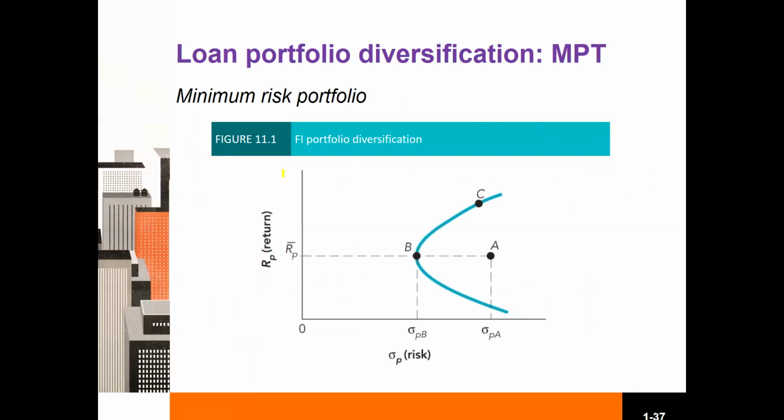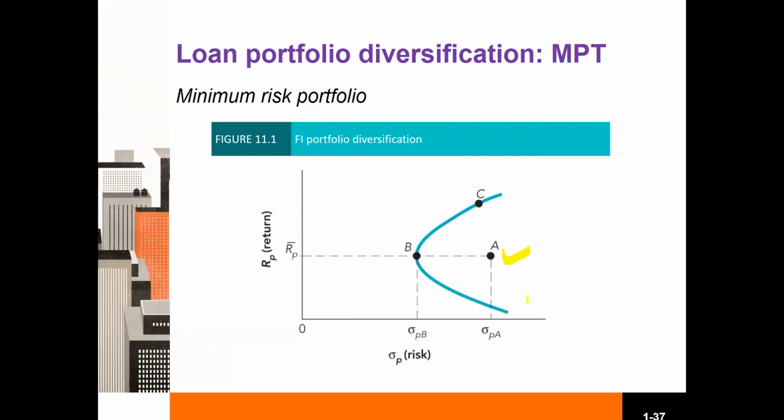Now, to see more generally the advantage of diversification that we have been talking about, look at this figure. In this figure, point A is an undiversified portfolio with heavy investment concentration in just a few loans or bonds. By fully exploiting diversification potential with bonds or loans whose returns are negatively correlated or that have a low positive correlation with those in the existing portfolio, the financial institution manager can lower the credit risk on the portfolio.